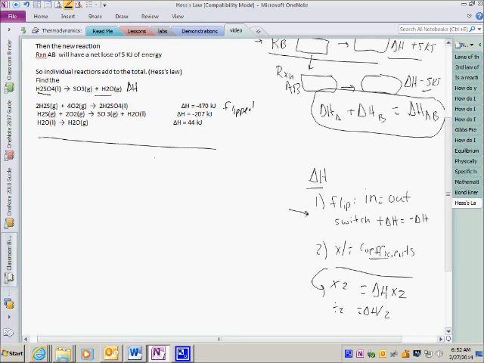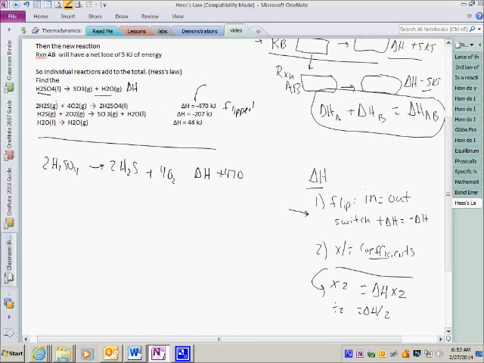So I'm going to rewrite it: 2H2SO4 yields 2H2S plus 4 O2. This gives me a delta H of a positive 470. I had to flip my sign because I flipped the reaction.